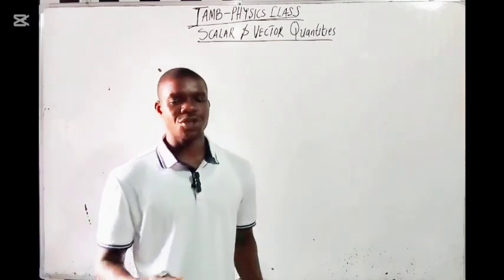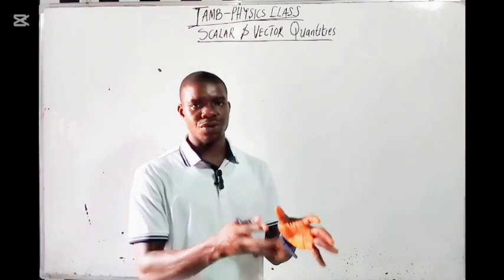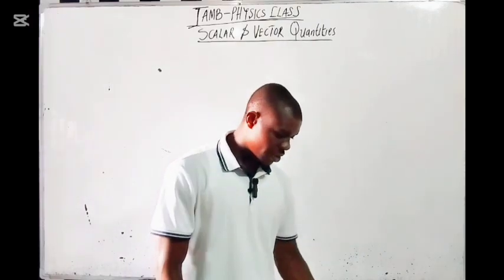So what is a scalar quantity? When I talk about scalar and vector quantities, they are physical quantities. A scalar quantity is a physical quantity that has only magnitude, which we call the size or amount, but no direction.